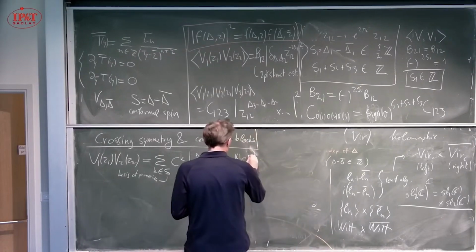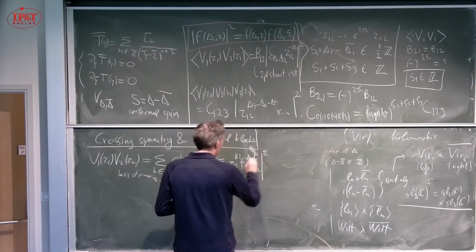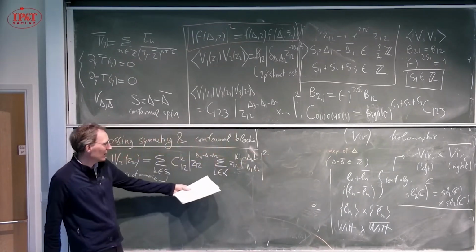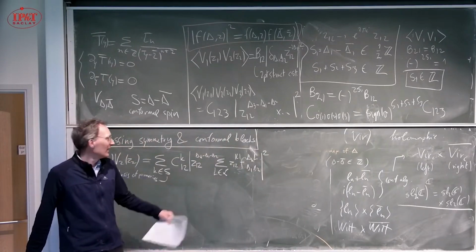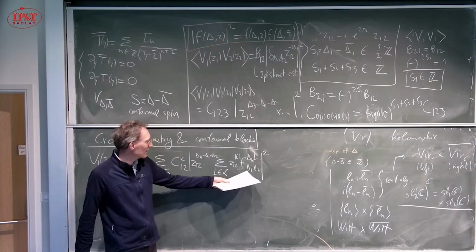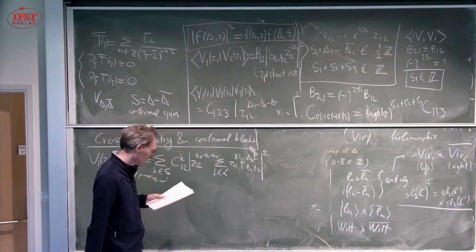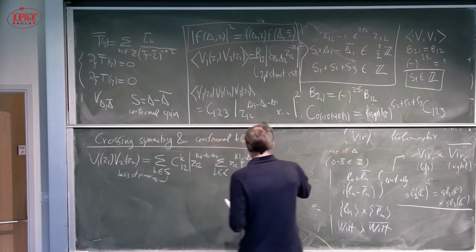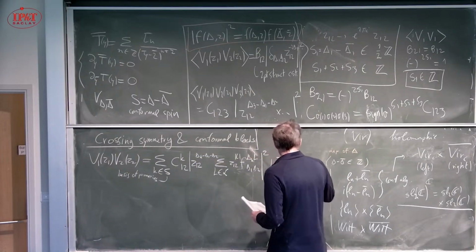So F(delta_k, delta_1, delta_2, L), all this modulus squared, because I have a sum of left moving descendants, but I also have a sum of right moving descendants. They come with similar coefficients F and similar dependence on z bar. Now all this is applied to these descendants, L L bar, V_k, of V2.